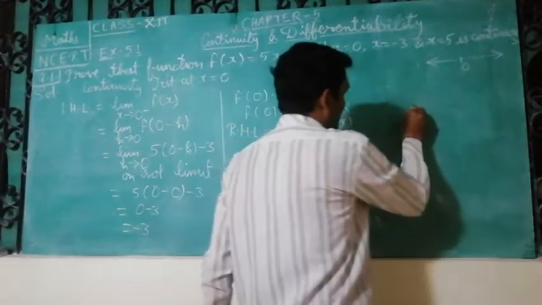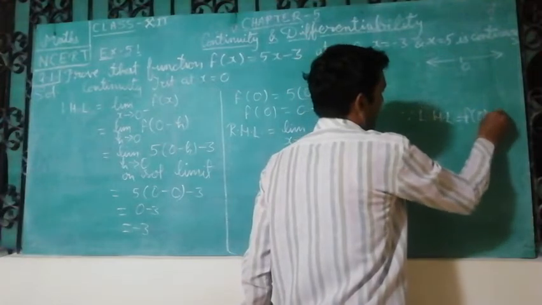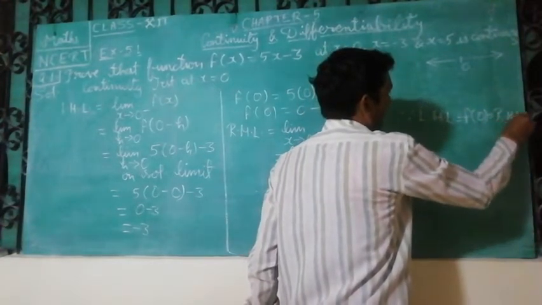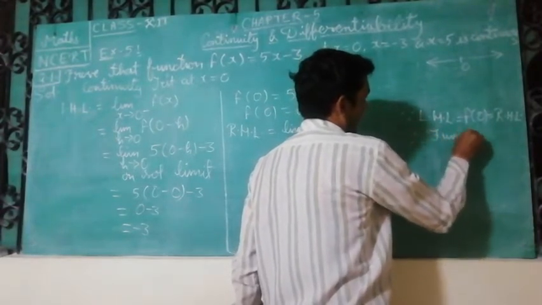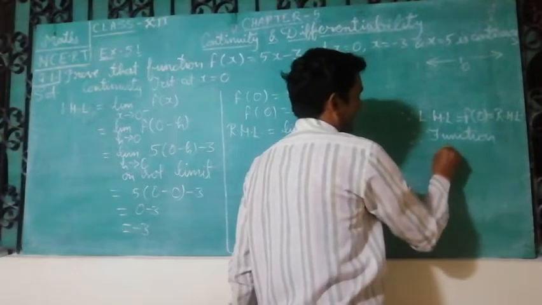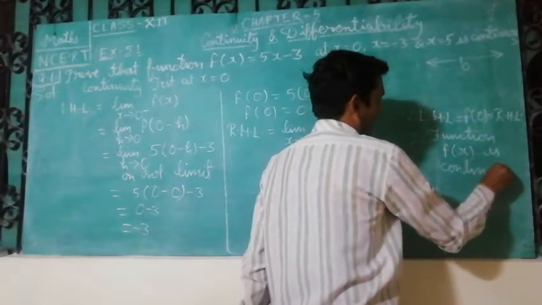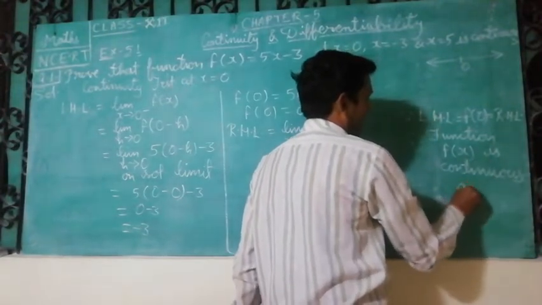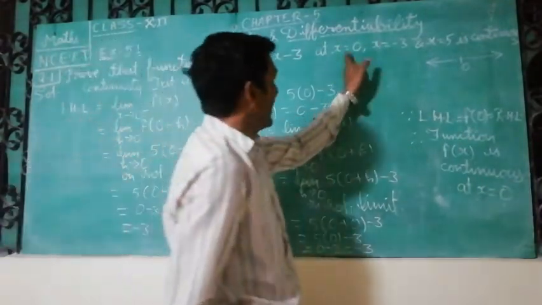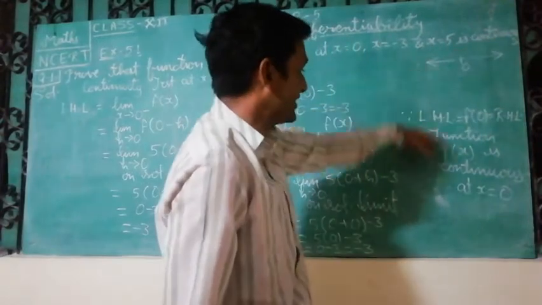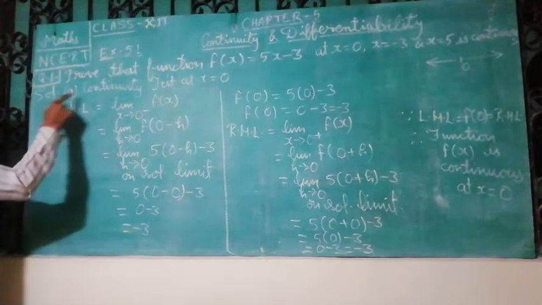So because LHL is equal to f(0) is equal to RHL, therefore the function f(x) is continuous at x = 0. This first part is over. At x = 0 we applied the continuity test, and at x = 0 it is continuous. So this is the A part of the question.